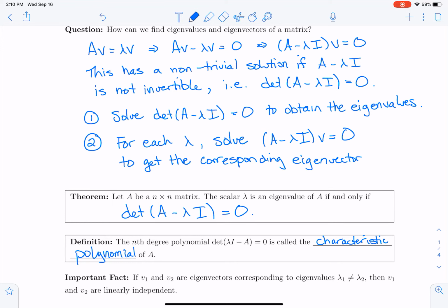So I encourage you to look at the definition of linear independence, and then also use the definition of eigenvectors to prove that if you have two eigenvectors that correspond to distinct eigenvalues, then those eigenvectors must be linearly independent.